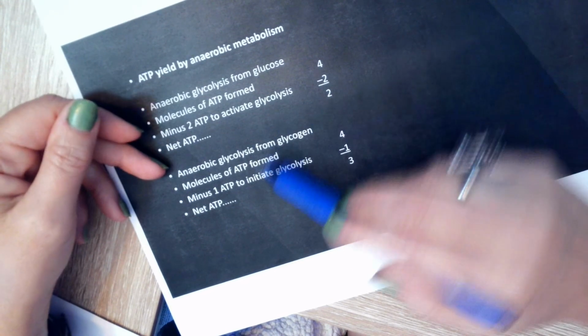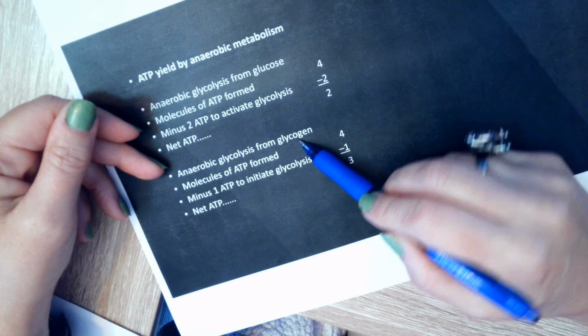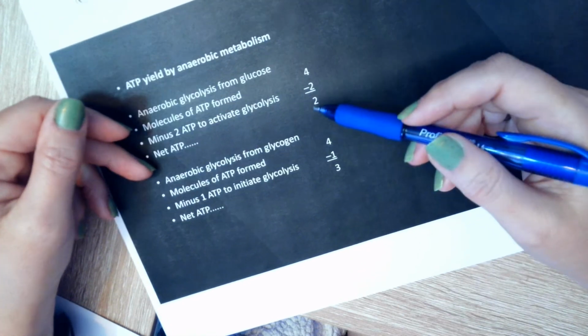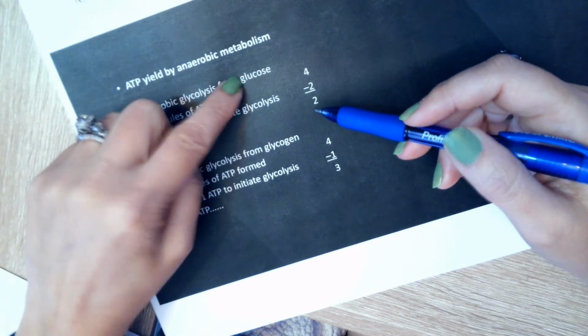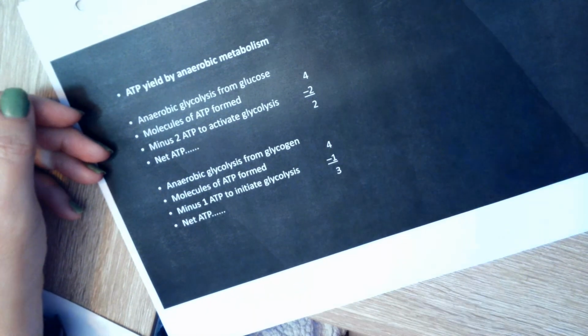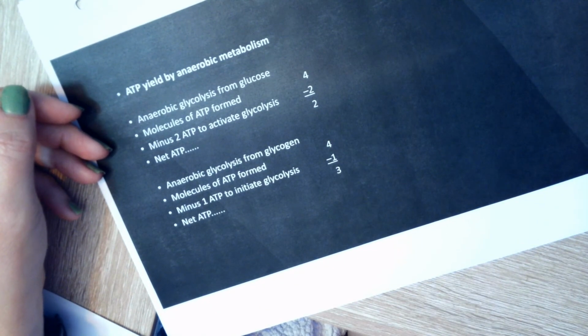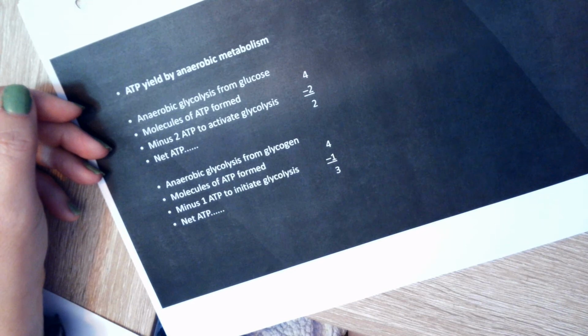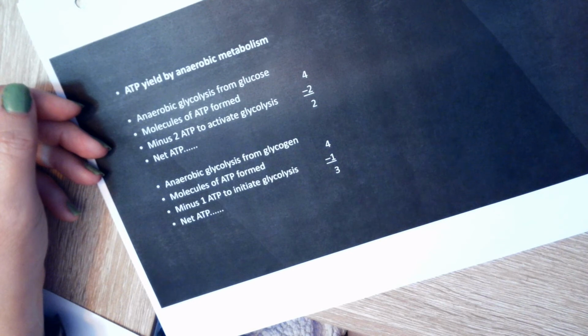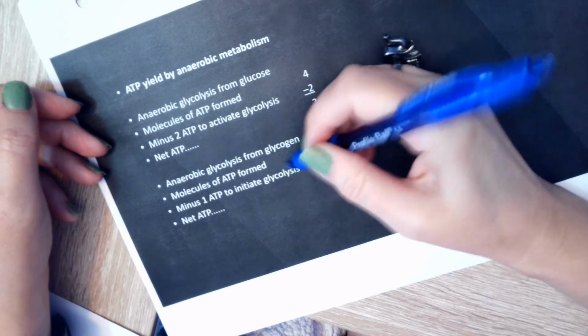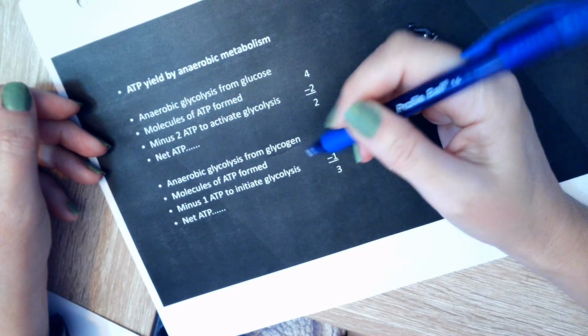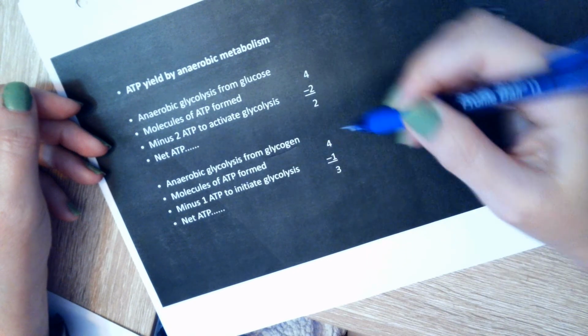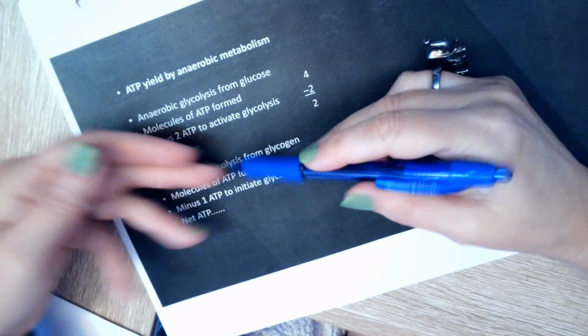Now, if we were doing glycolysis from glycogen, so we are not just starting with glucose, we're breaking down glycogen instead. So remember, glycogen is multiple glucose molecules, and we would have to break it down. So this would be something that would be done predominantly in the liver cells. Also a bit in skeletal muscle, but not really other cells can do this.